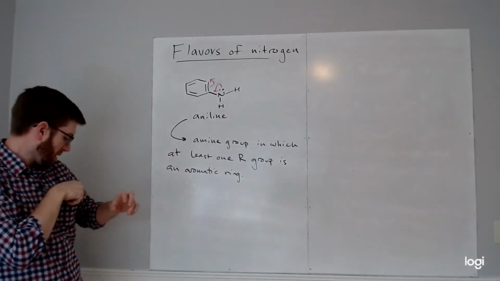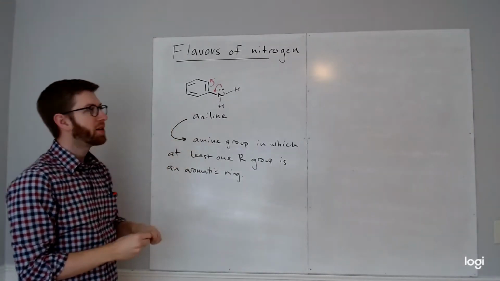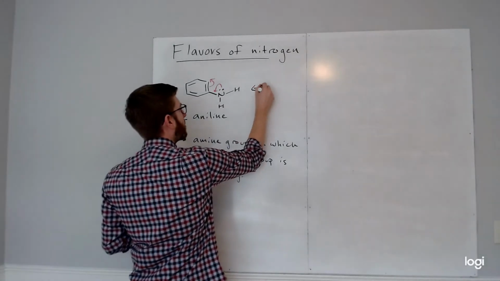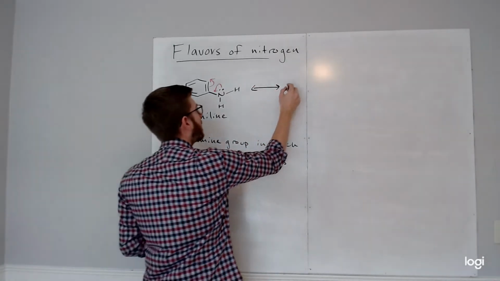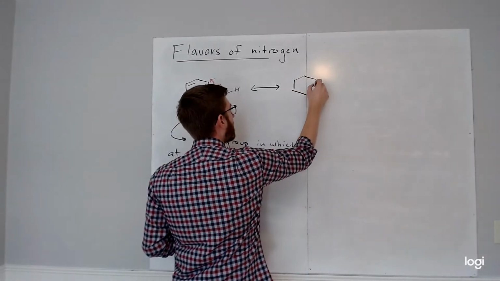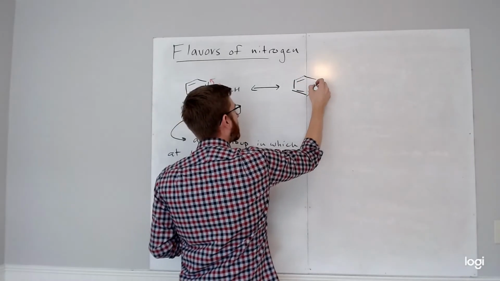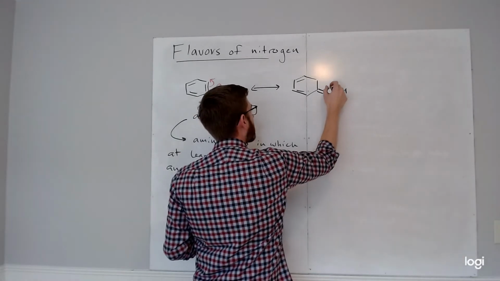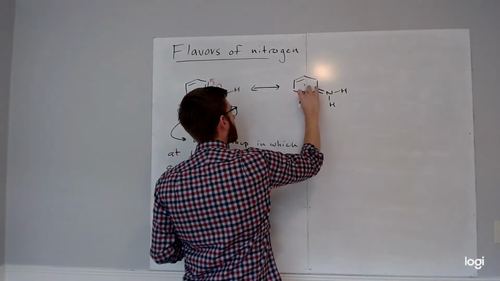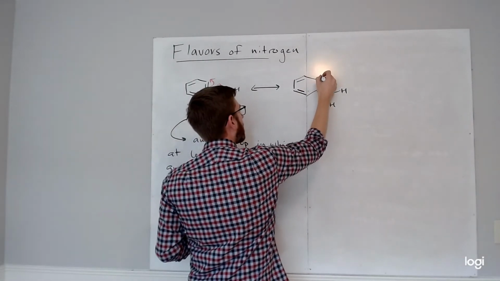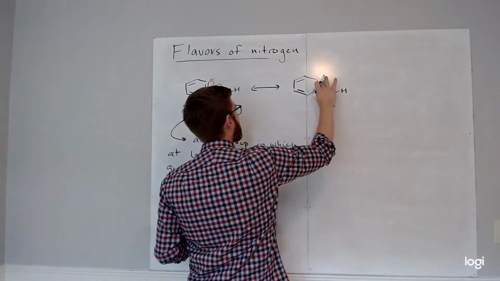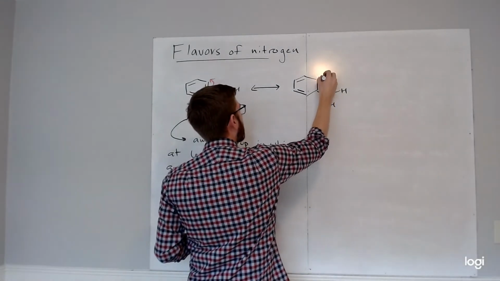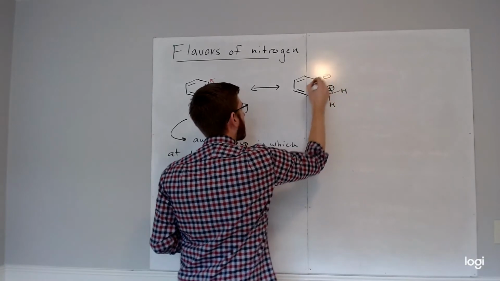So we could talk about nitrogen donating its lone pair into the benzene ring. And if it does that by resonance, which it would have to, then we have a set of resonance structures that would look like that.